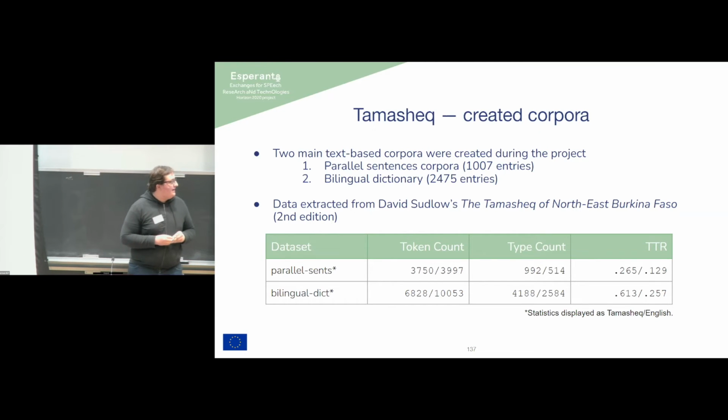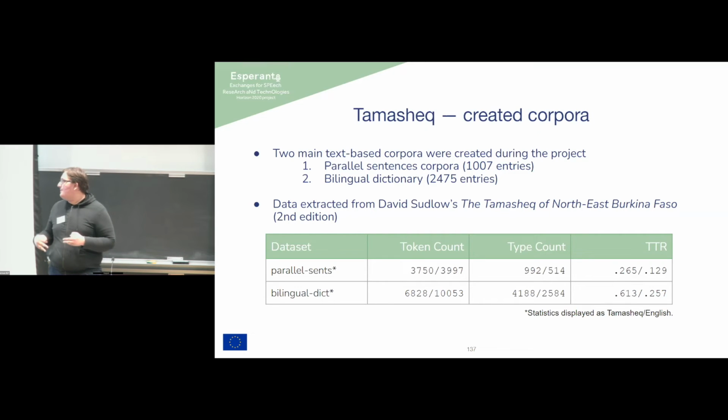And as for some statistics about the data, below you can see the token, type, and TTR of the parallel sentence corpus and the bilingual dictionary corpus. The first number is the number for Tamashek, and the second number is the number for English. Now, do note, especially with type, that type is almost double for Tamashek what it is for English.